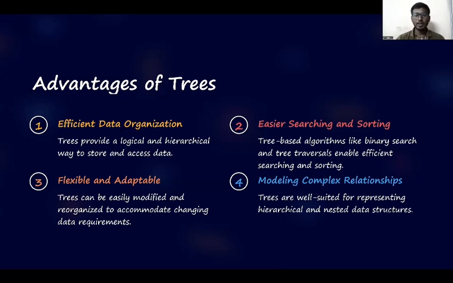When we use something thoroughly, it can adapt to us. So tree concepts we can also adapt to very easily. But it also has some complex relationships, because everything good for us may have some complexity. So these are the advantages of trees.